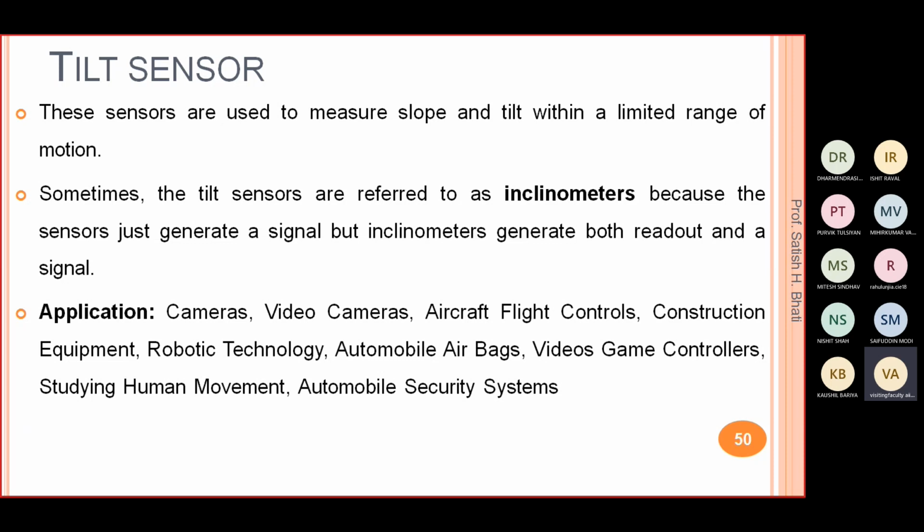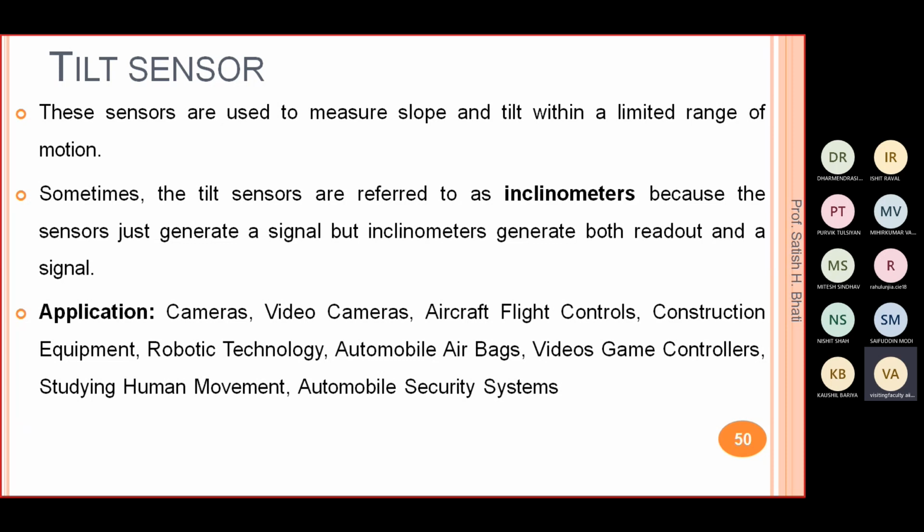Some video game controls also use it. You will find some video games on your mobile, where if you tilt your mobile in one direction, then your car will turn in that direction. If you move your phone to some other side, then your car will move to that side.